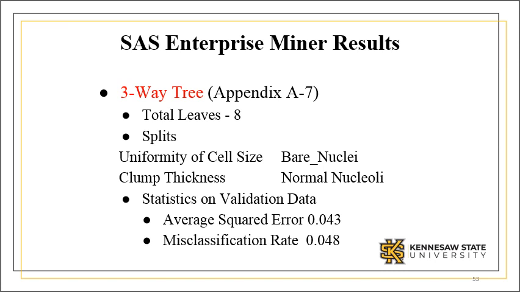So now we have the uniformity of cell size, bare nuclei, clump thickness, and normal nucleoli, I'm sorry about the pronunciation, as options to determine if someone will be diagnosed with breast cancer. The statistics on the validation data have an average squared error of 0.043. The misclassification rate is 0.048. It's looking a little better, but not quite what I would want to see. So I'm going to continue.